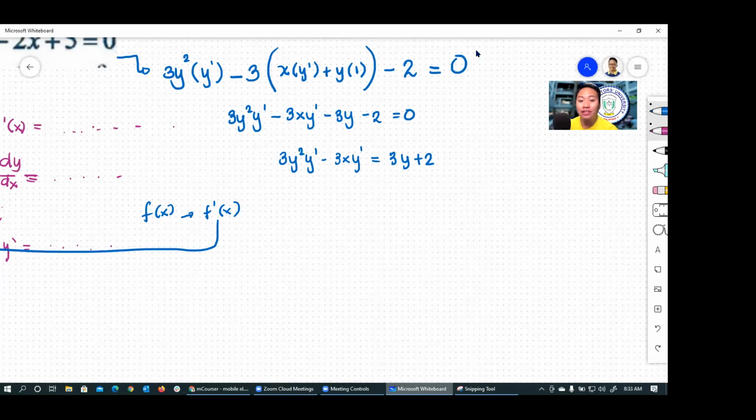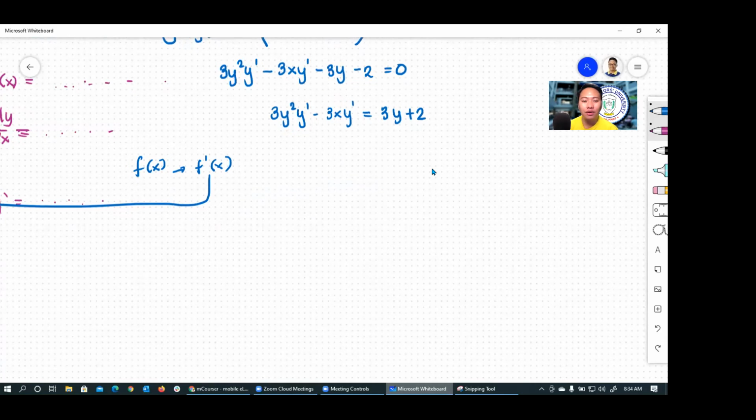And then I'm going to factor out the y prime because, again, as I've mentioned earlier, we are solving for the y prime. We want to make sure that the y prime is left on the left side and the rest of the terms are on the right side. Factoring y prime, we would have 3y squared minus 3x equals 3y plus 2.